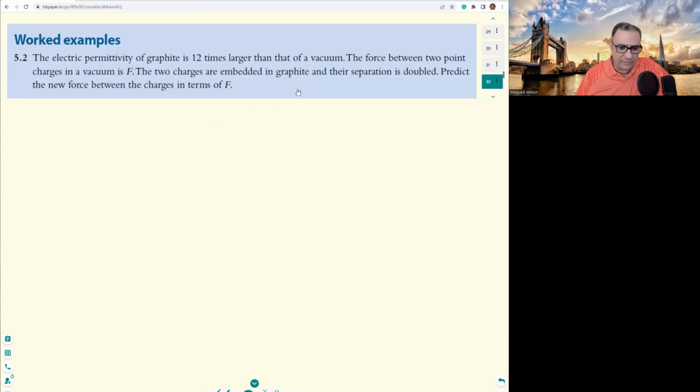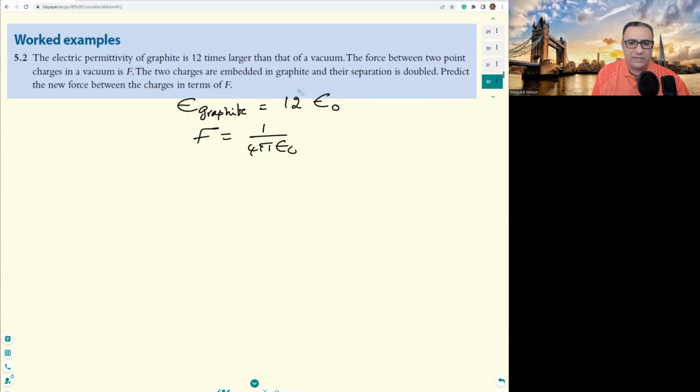This is a given, so I can write epsilon of graphite, the electric permittivity, is equal to 12 times epsilon naught. Now, the force between 2 point charges in vacuum is F. So F is 1 over 4 pi epsilon naught, because it's in vacuum, times Q1 Q2 over R squared.